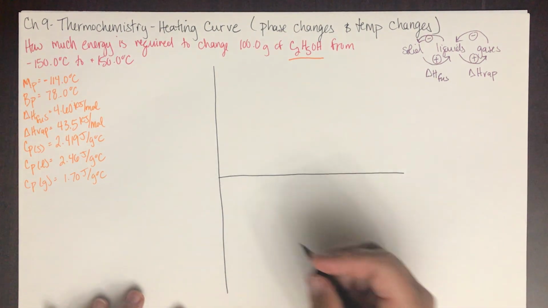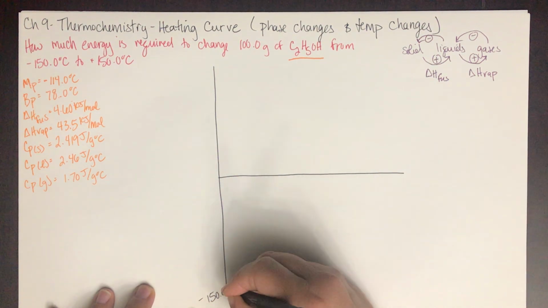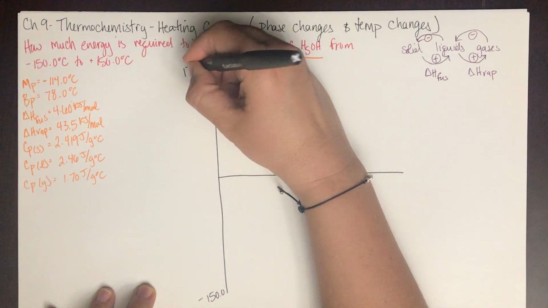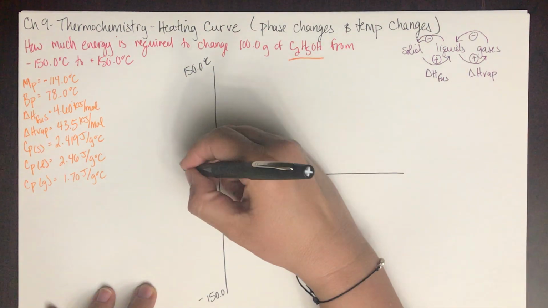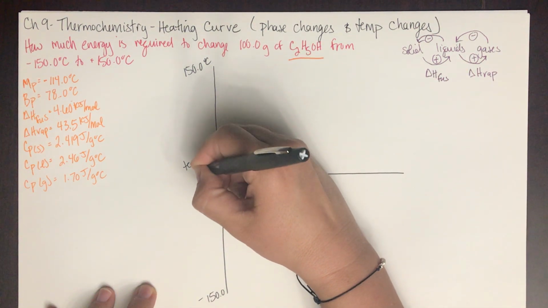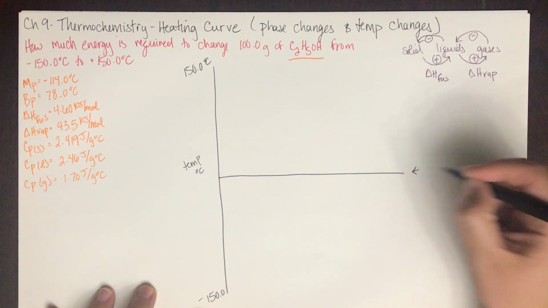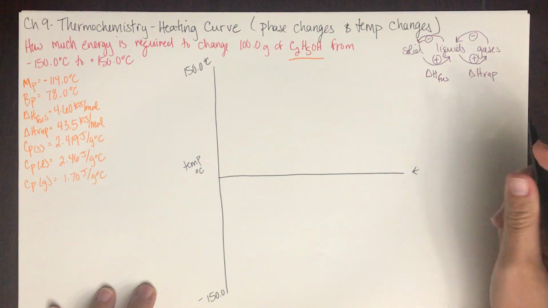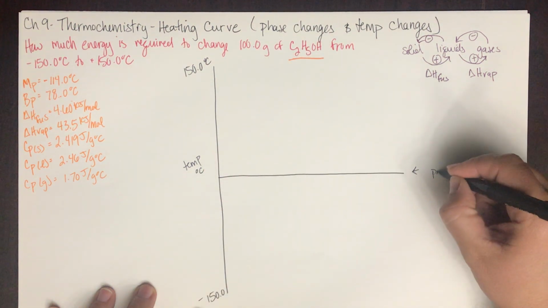So I'm just going to say this is negative 150 degrees Celsius, and this is positive 150 degrees Celsius. So this is going to be a scale of temperature in degrees Celsius, and this axis is going to be the progress of the reaction.